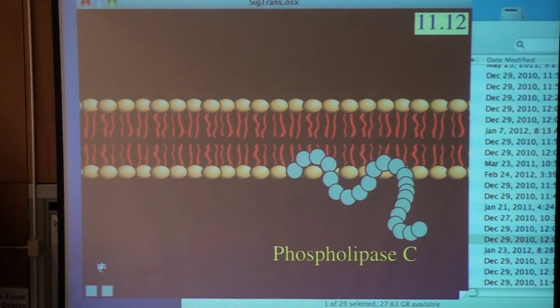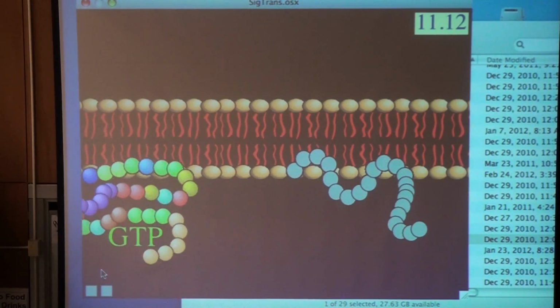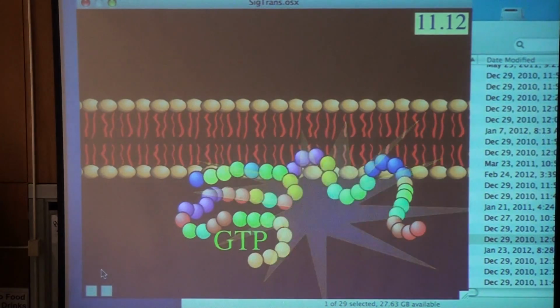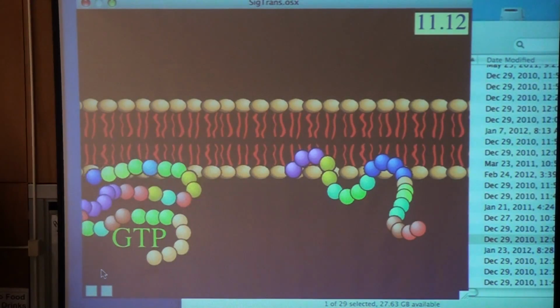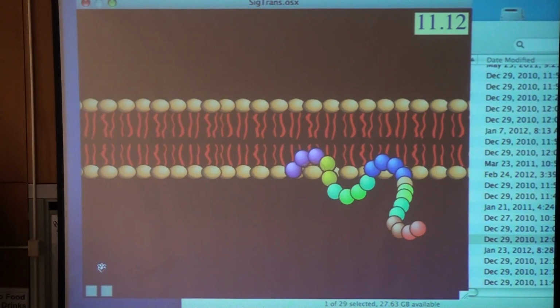There it is. It's in its inactive state at this point. Here comes the G protein to activate it. All right, now what phospholipase C is going to do is it's going to start cranking out a second messenger called inositol triphosphate.